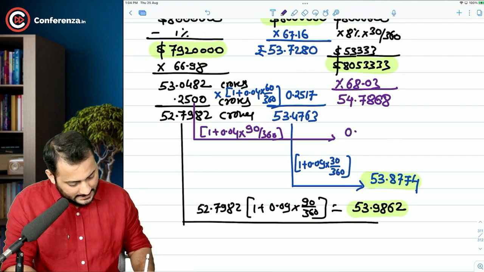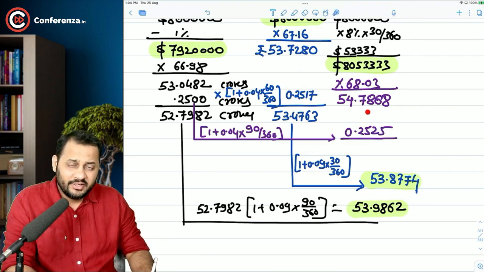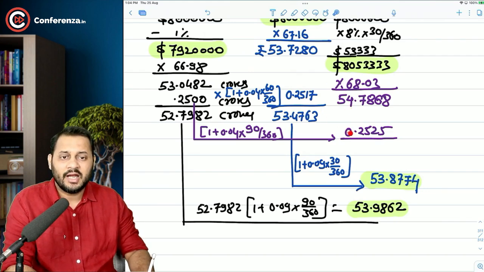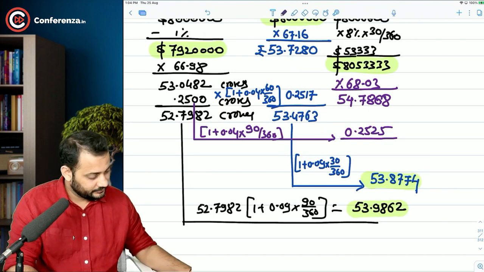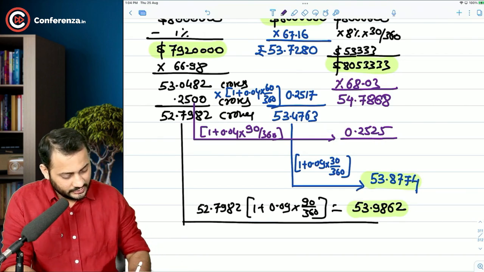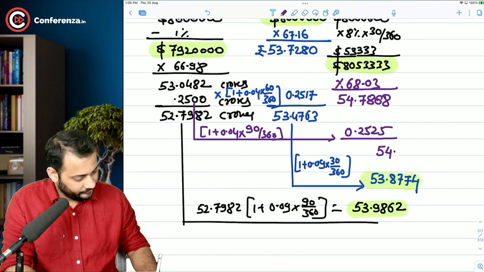So we will have 0.2525 on that date. So at the end of 90 days, we needed this much amount in order to buy the dollars, and we already had this much amount of our investment. So the net amount is 54.7868 minus 0.2525. So that's 54.5343.